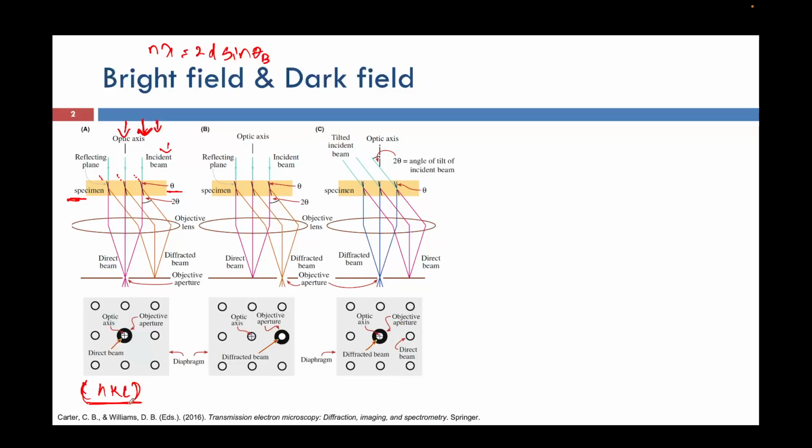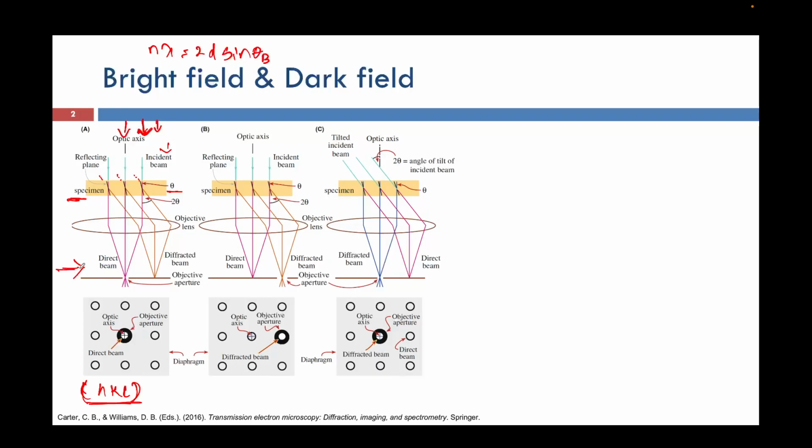So when my incident electron beam is coming and interacting with my specimen, there are two scenarios that can happen. One is that some of the electron beams will not interact with any of the planes, because those planes will not be oriented in that direction, or they might simply go undeviated. Those beams will be called the direct beam, or undeviated beam, or undeflected beam.